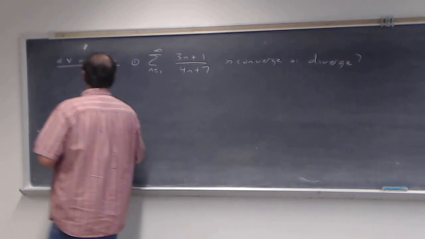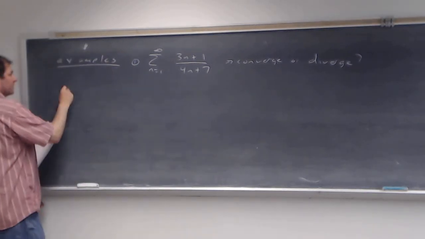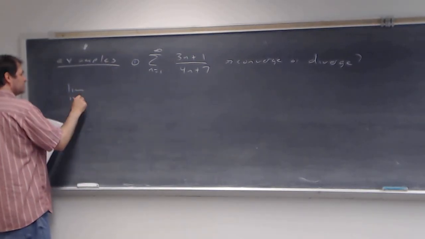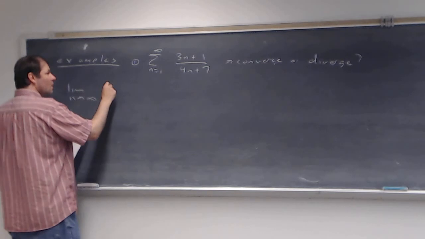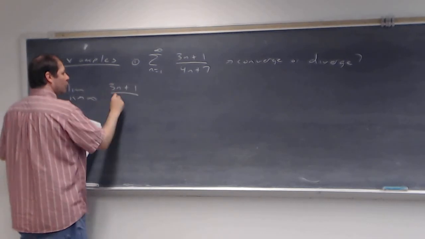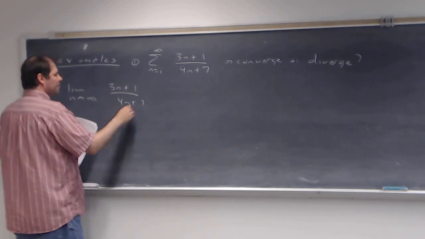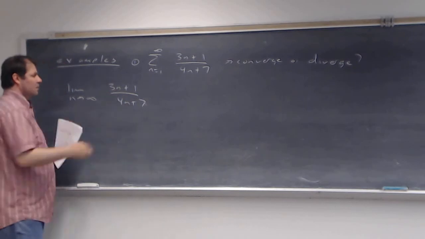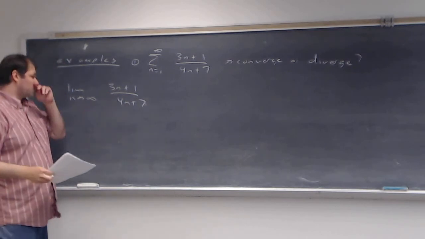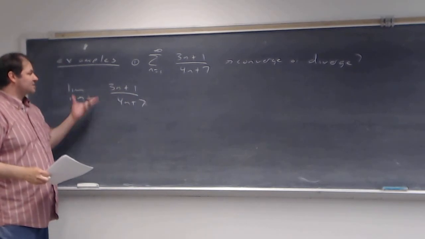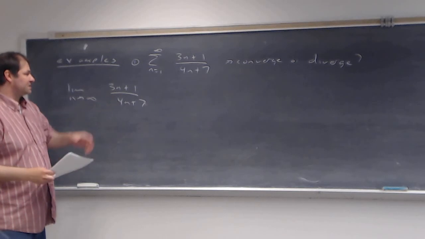Here, I'm going to use the divergence test to show that this diverges. If we take the limit as n goes to infinity of 3 to the n plus 1 over 4 to the n plus 7, the bottom of the sequence goes to infinity, so we can apply L'Hopital's rule if we think of these as functions.